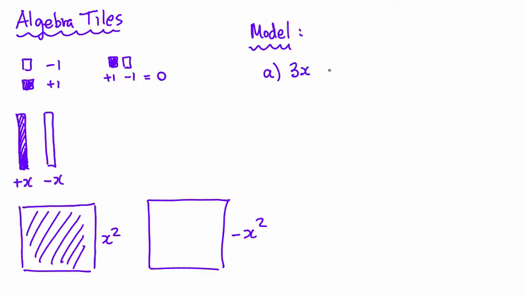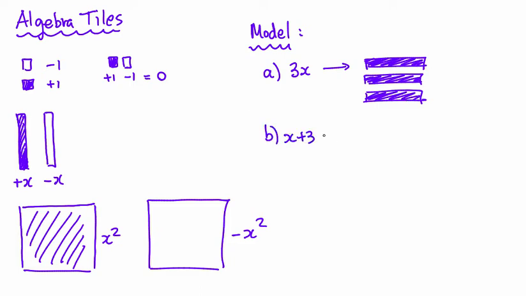Well, 3x would look like you'd need a positive x, which would be filled in like this, and another positive x, and another positive x. And how would that differ from, say, x plus 3? Well, x plus 3 would only need one of these x's, these bars, and then it would need +1, +2, +3 little integer chips.